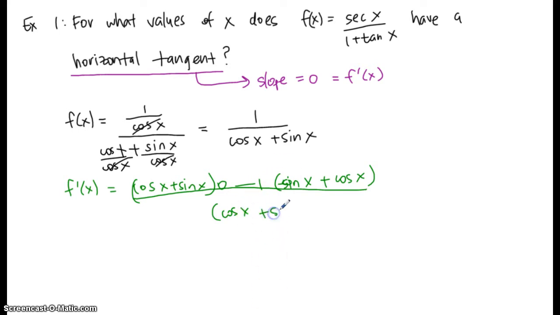Now simplified, that gives me negative 1. I'm going to distribute in positive sine x minus cosine x all over cosine x plus sine x, the whole thing squared.